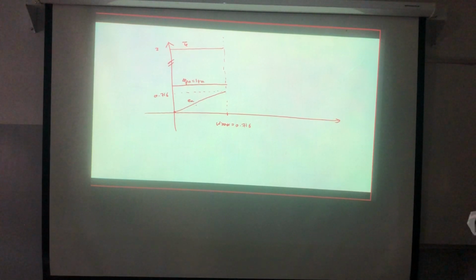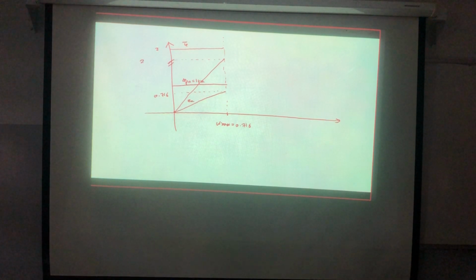It should be 2.148, so it will be somewhere here. So this one is equal to 2.148, and this is for the power developed.